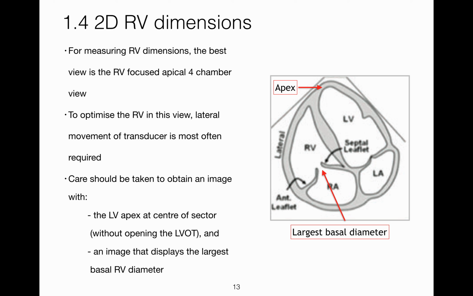Care should be taken to obtain an image with the LV apex at the center of the sector without opening the LVOT, and by having an image that displays the largest basal RV diameter.